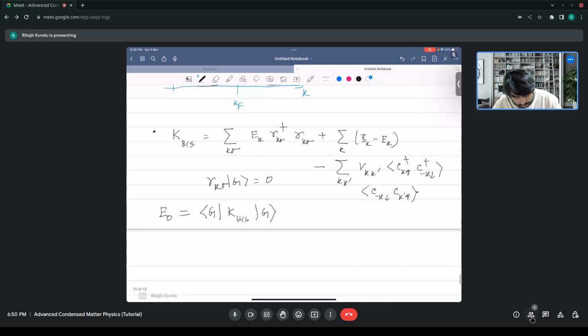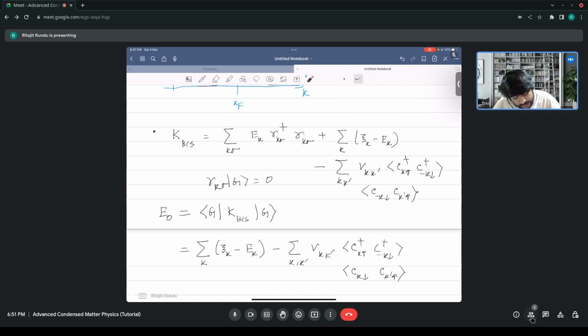If that is the case, the ground state energy is just given by the sum over k of xi_k minus E_k, minus the sum over k, k prime of the coupling. You can again calculate these things, because you know what this expression looks like in terms of gamma. You can plug in those expressions.